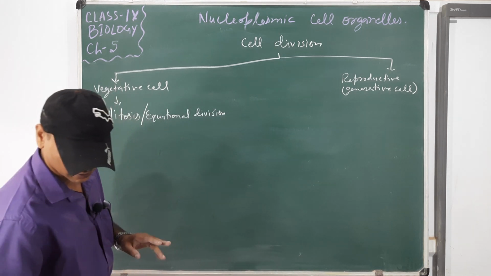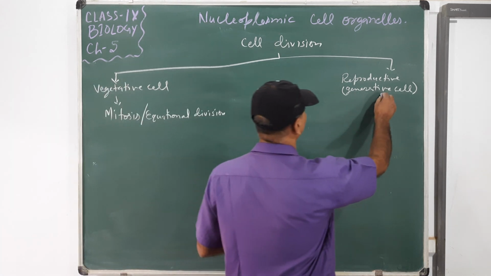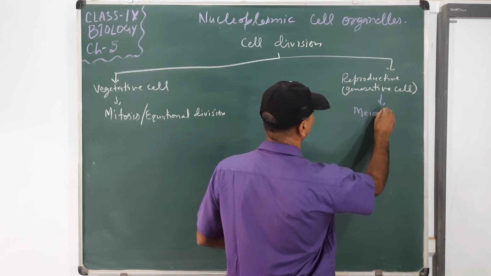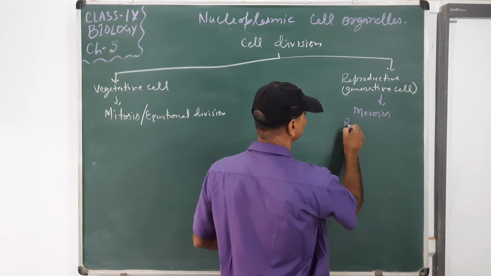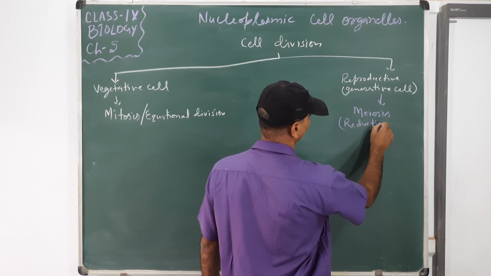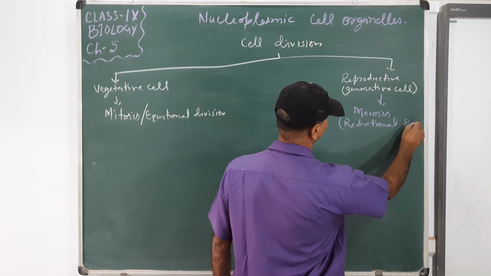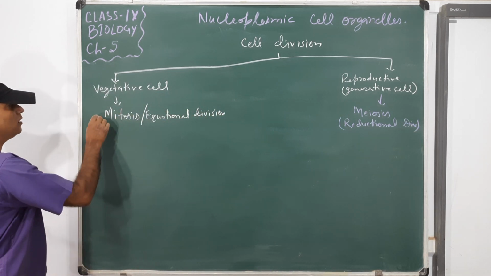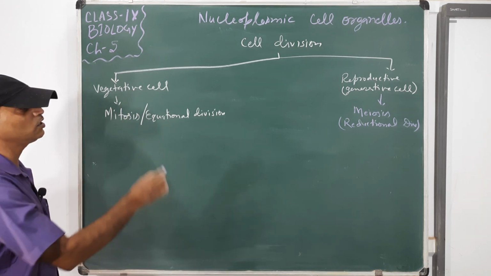So here you see meiosis, or you can say reductional division. Two types of division take place in the cell. One is mitosis, the second is meiosis.